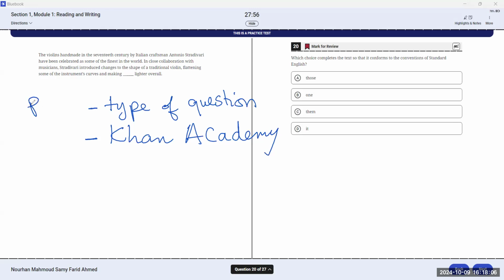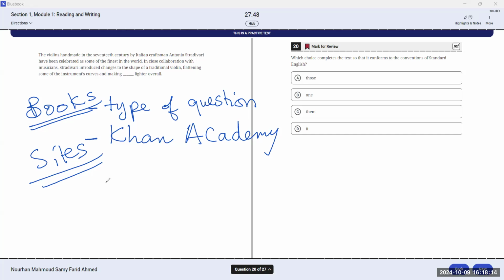So we've got books and sites. Not only Khan Academy, I've got another treasure for vocabulary, which is vocabulary.com. We will have virtual classes on these sites. There will be a virtual class on Khan Academy. We'll practice each type of question that we have, and we practice vocab too.